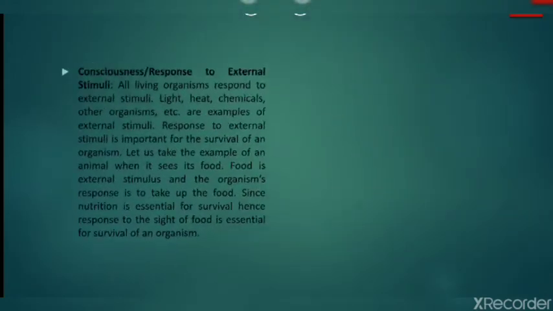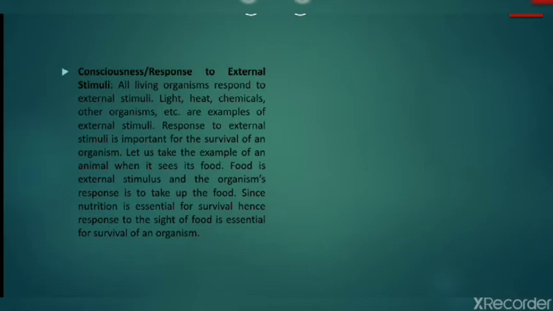The next attribute of living organisms is consciousness, or response to external stimuli. The most important and complicated feature of all living organisms is the ability to sense their surroundings or environment and respond to these environmental stimuli, which could be physical, chemical, or biological.